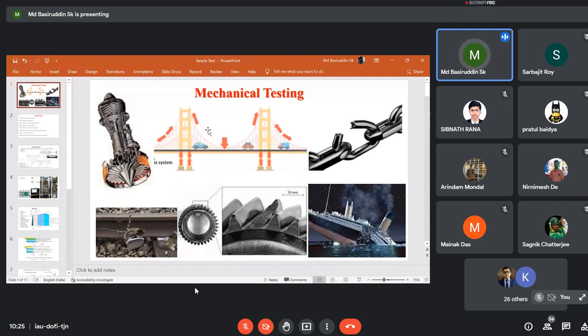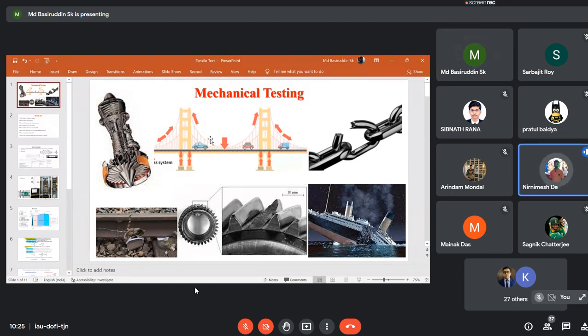What are those tests that we need to go for based on the load? In the previous figure, you said fatigue and creep. In order to increase the fatigue and creep resistance of a material, we need to do the fatigue test and the creep test, right? So here, what tests do we need to do in order to increase the life or the performance of a bridge?